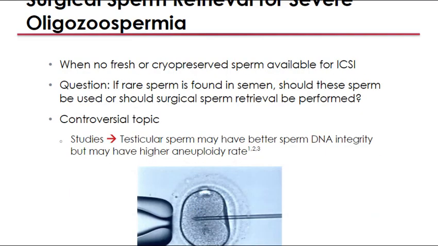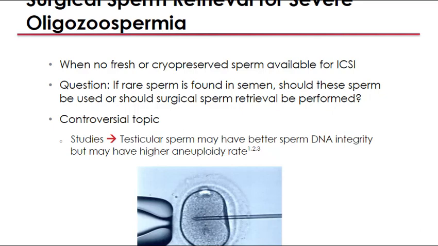If the ejaculated sample is not usable and no cryopreserved sperm are available, surgical sperm retrieval may be required for ICSI. If rare motile sperm are found in semen, would surgically retrieved sperm from the testis provide better outcomes with ICSI? Currently, this is a controversial subject.